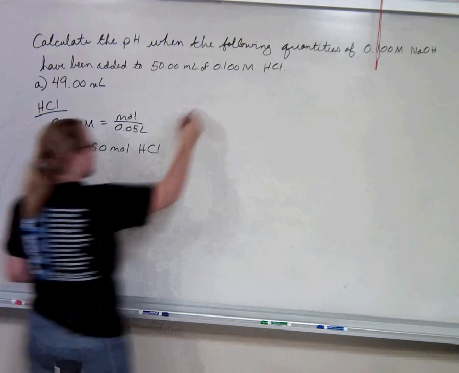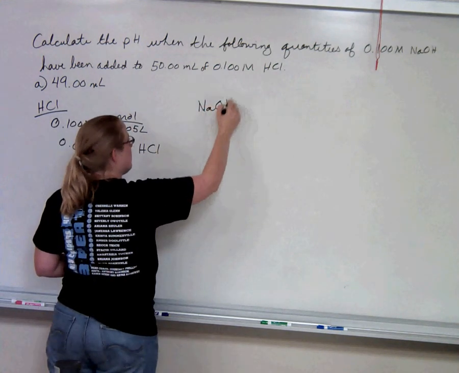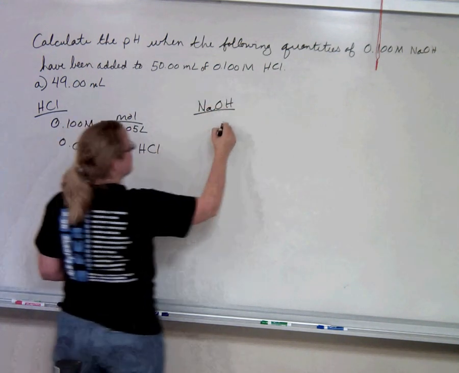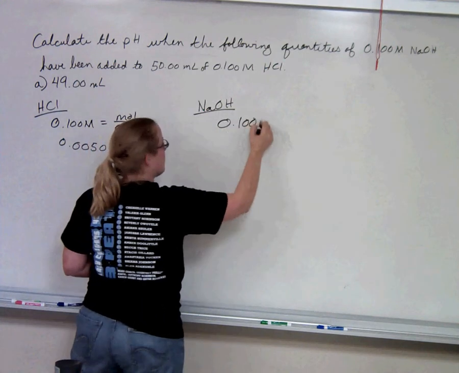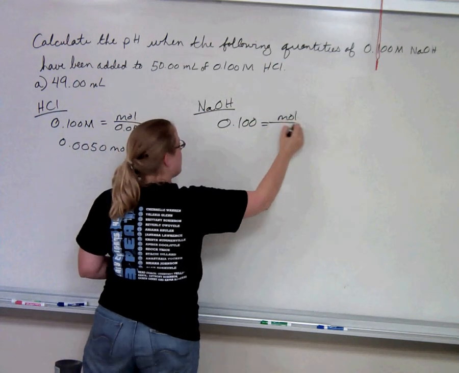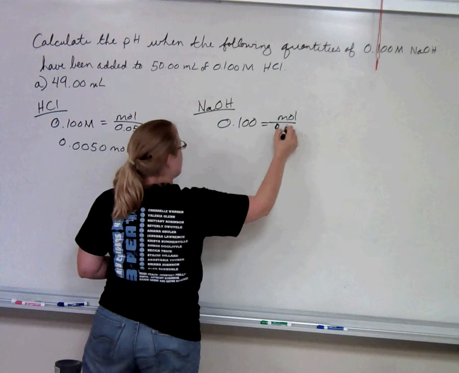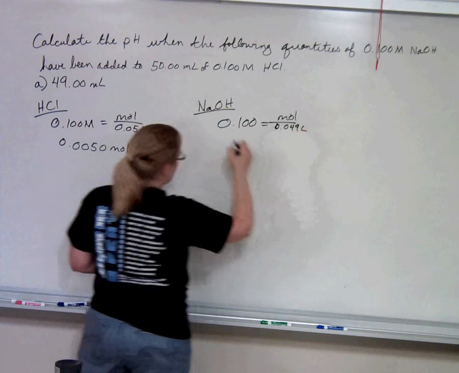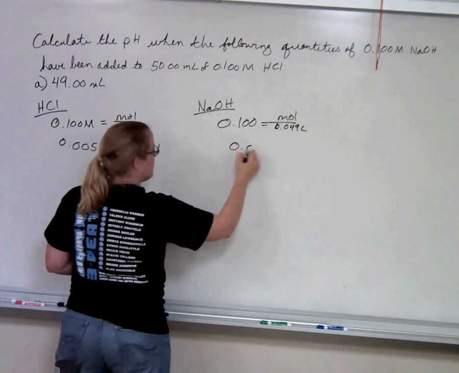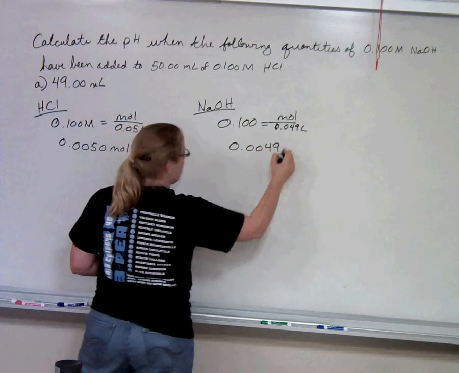For our sodium hydroxide, we have the same concentration. We're trying to find moles, but this time we have 0.49 liters. So this gives us 0.0049 moles.